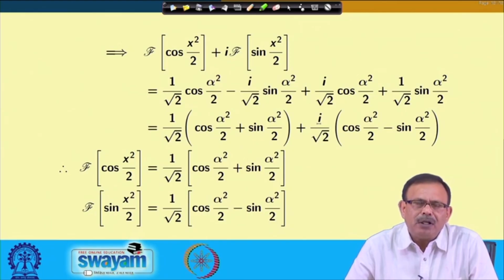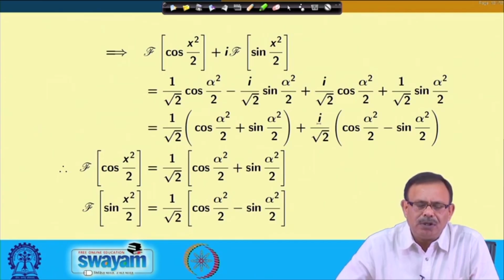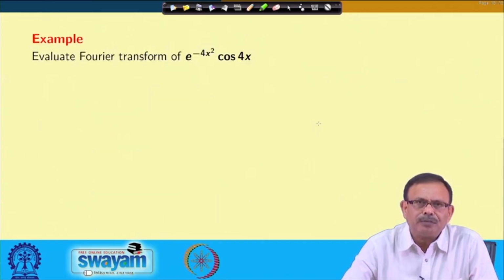In that way, by taking an e power function, I am finding the Fourier transform of both the functions cos of x square by 2 and sin of x square by 2. And this was possible only because I know that e power i theta can always be expanded in terms of cos and sin. Using that property, we are doing it.